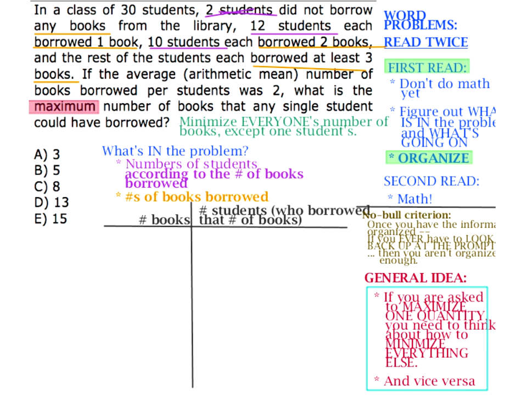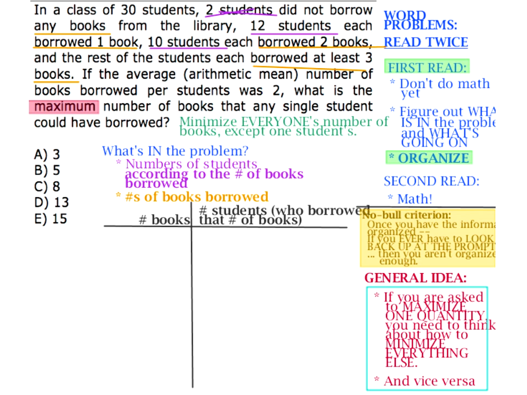Once you have the information from the prompt in the form of whatever organizational device, usually a chart but not always, if you have to look back up, it's a bad story. You don't want that. So here, let's make sure that we have the information from the problem.